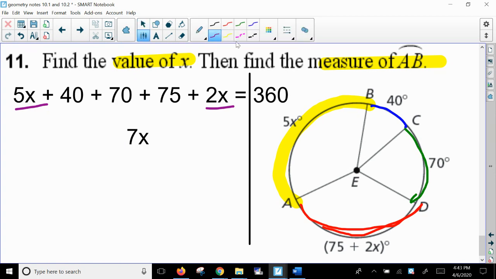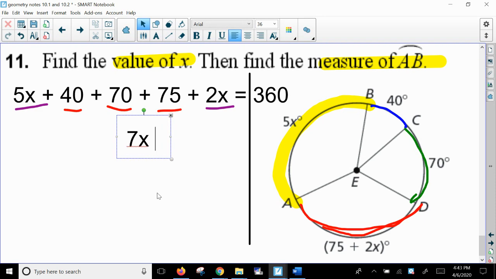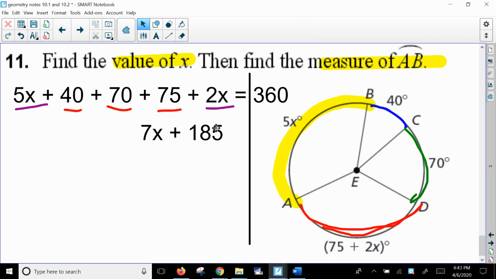And I have more like terms. I got 40, 70, and 75. Those are all like terms. Add them, and together you get 185. And that's going to be equal to 360.